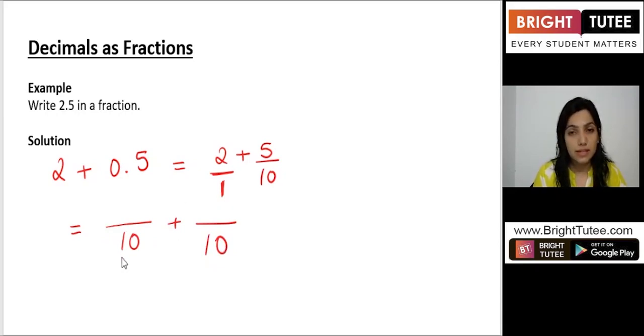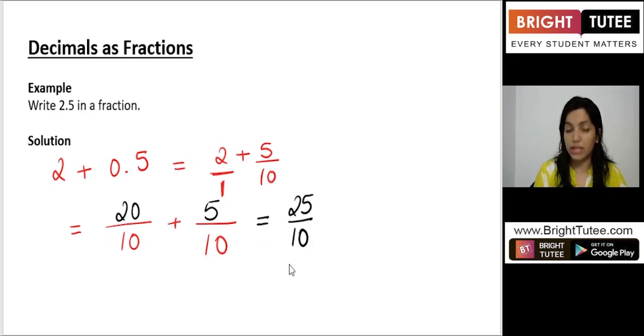It is 10 itself. So 2 times 10 is 20. And 10 times 1 is 10. And 5 times 1 is 5. So the answer comes out to be 25 over 10.